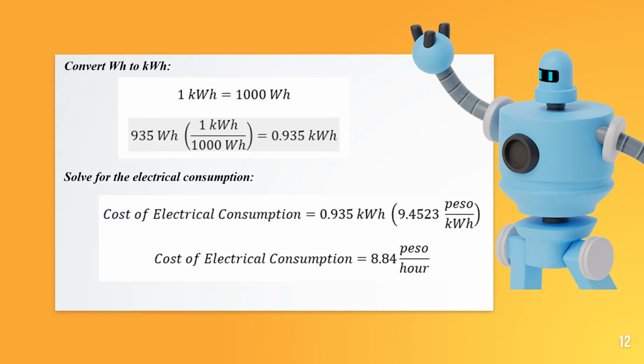This is the assumed cost of electrical consumption per hour for that month. Let's say it is 9.4523 pesos per kilowatt hour. Then we get a product of 8.84 peso per hour.